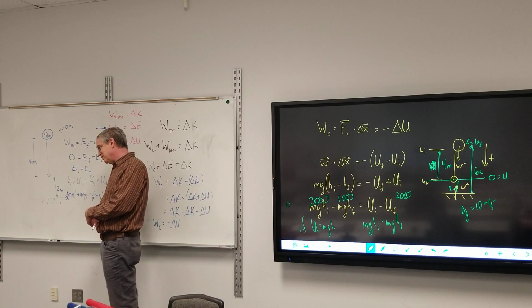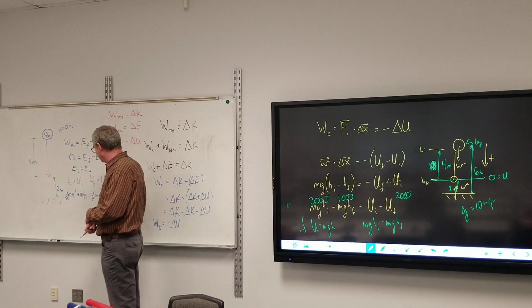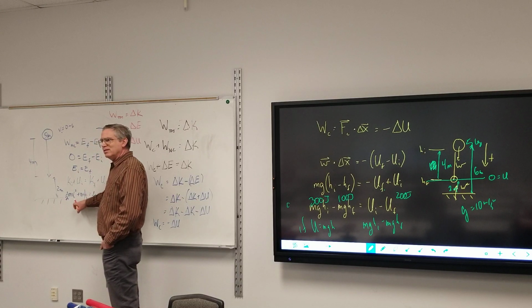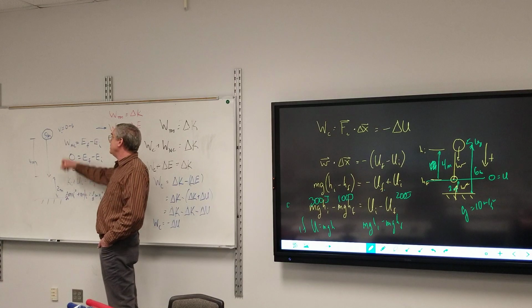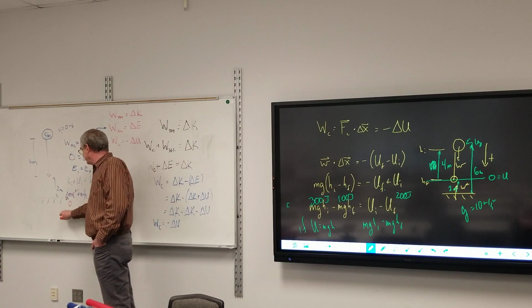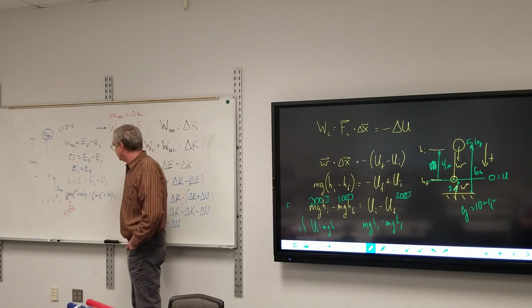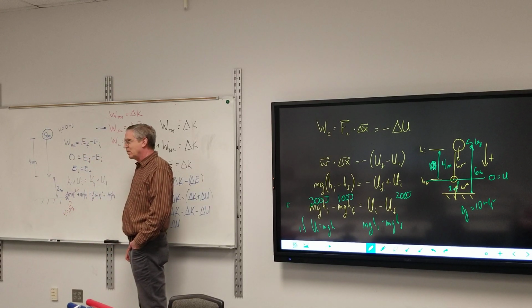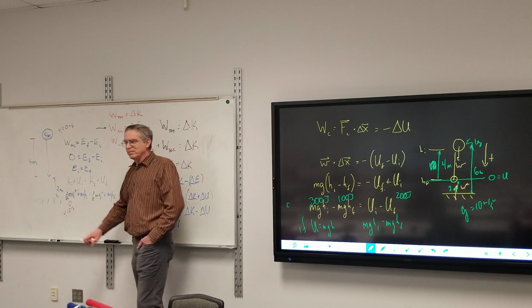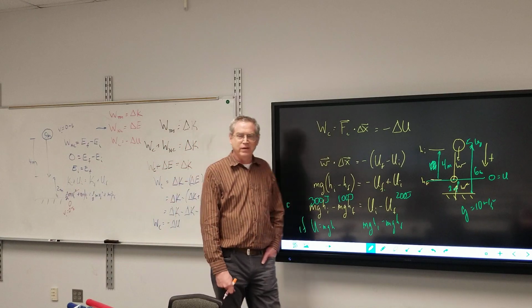There's no square thing here. Half mv initial squared, you're saying that's 0? Why? Because velocity initial is 0. Or specifically speed. We're dealing with scalars. All right, so that's 0 because the initial speed is 0. Anything else equal to 0?